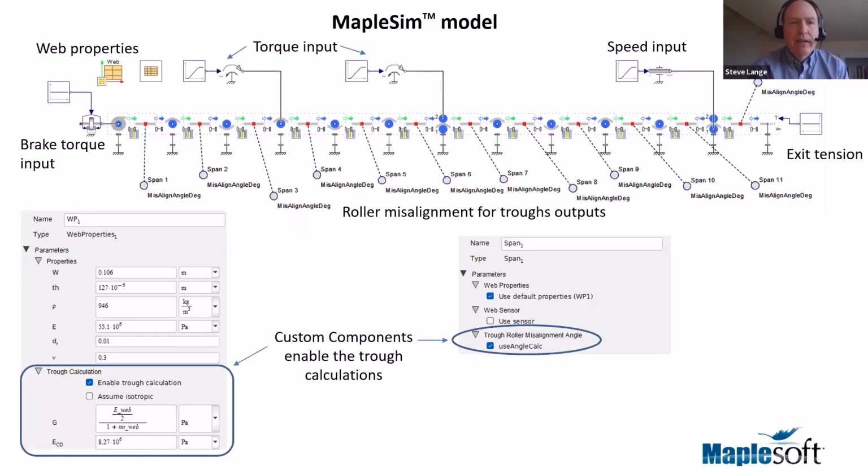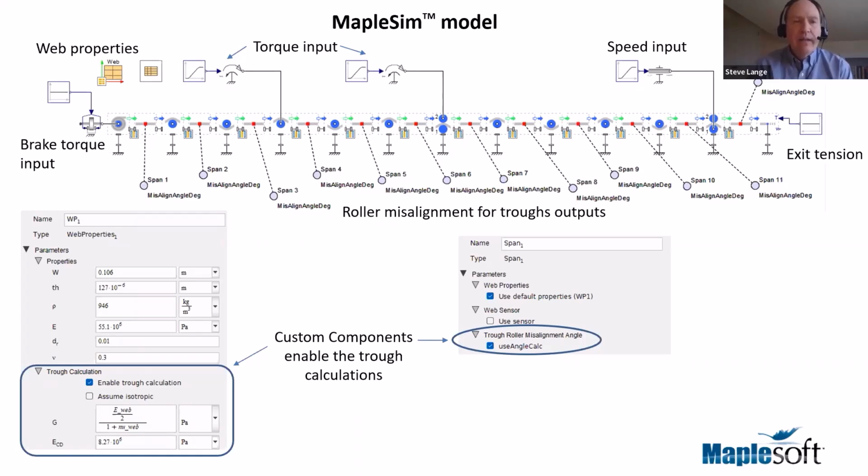It's fairly basic. You've got an unwind and the rollers connected together with spans. In each span, we put a sensor in there to measure the trough roller misalignment angle.